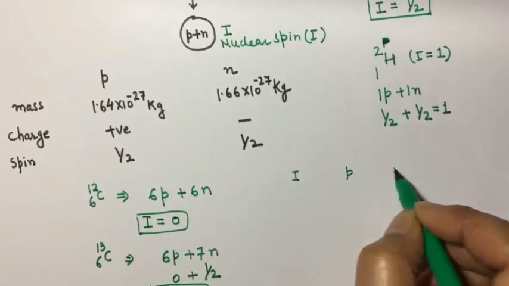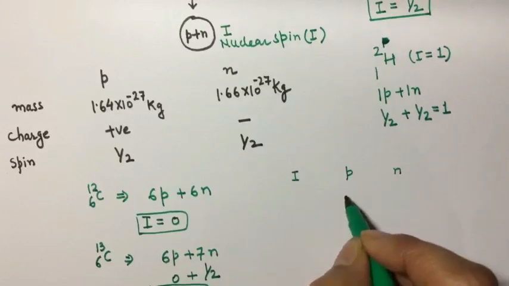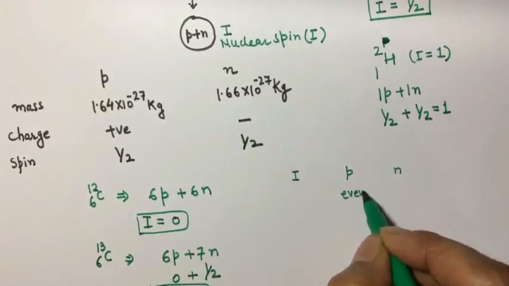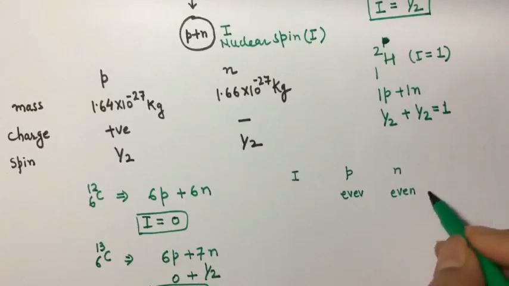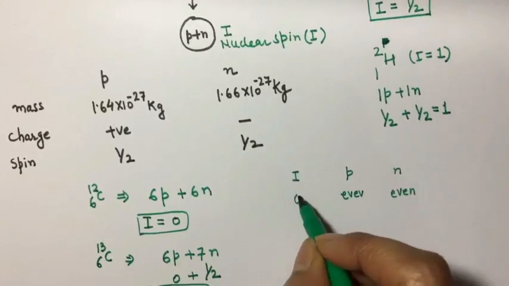Say we have protons and neutrons. If protons are in even number and neutrons are in even number, then the value of I is equal to 0.